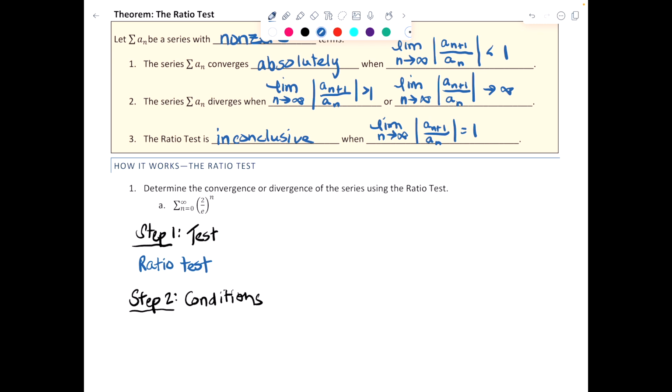And for the ratio test, real easy. It just has to be a series. Sorry, I'll do the specific series. This series has to have non-zero terms. So 2 over e, that's a little bit less than 1, raised to the nth power has non-zero terms. And that's all we need.